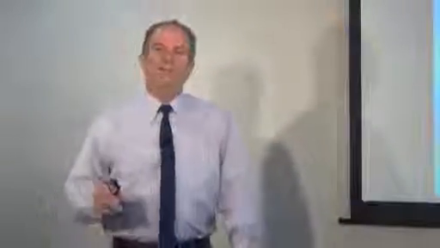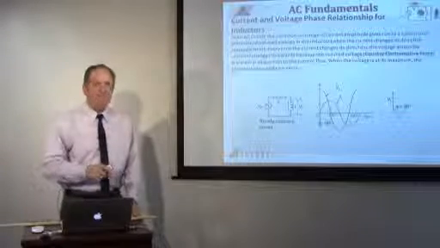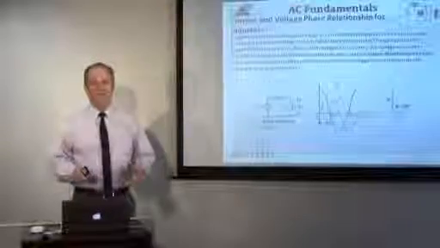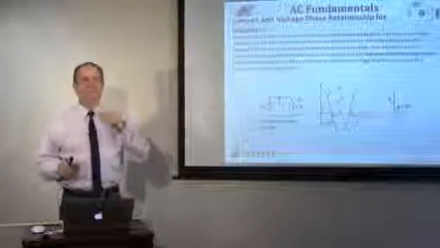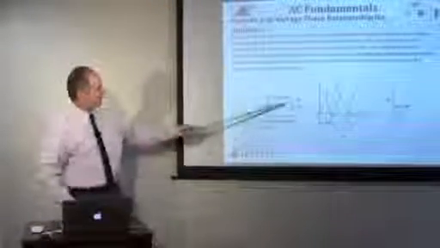Now, how inductors relate with voltage and current. Now, inductors in an AC circuit, their current is going to lag the voltage. Now, here's a circuit that shows pure resistance here, or excuse me, pure inductance.